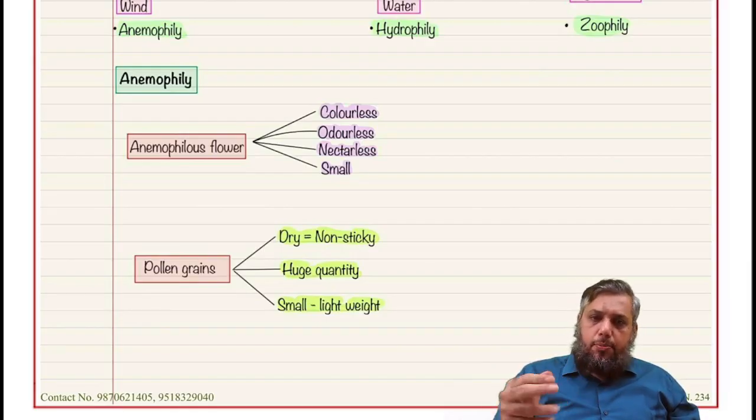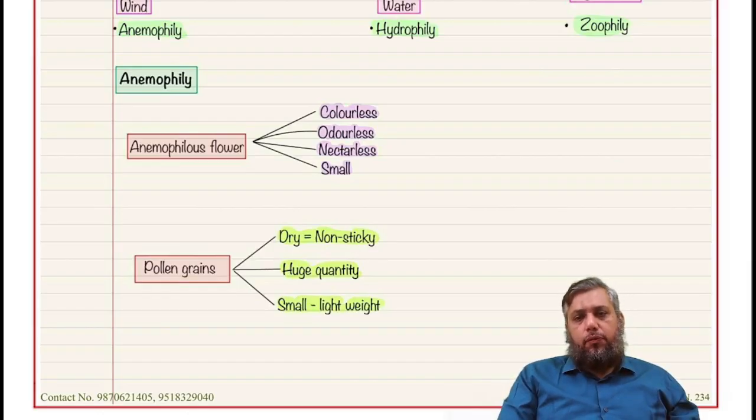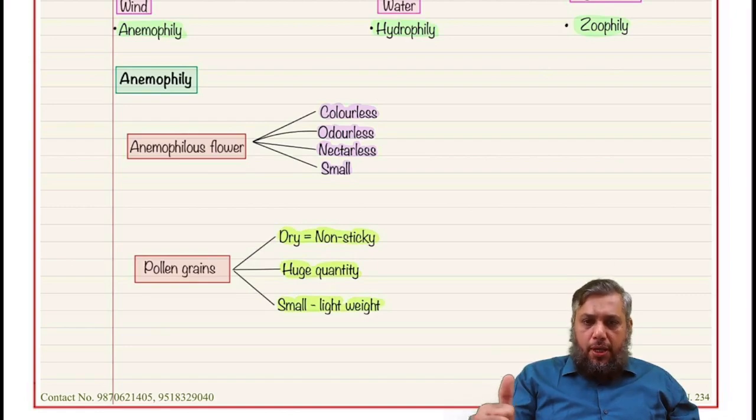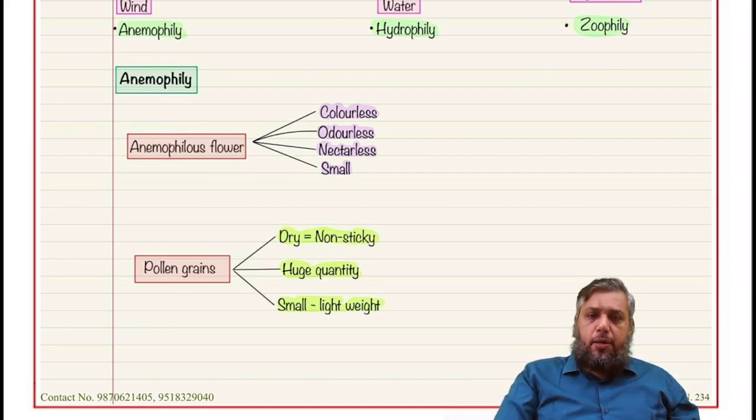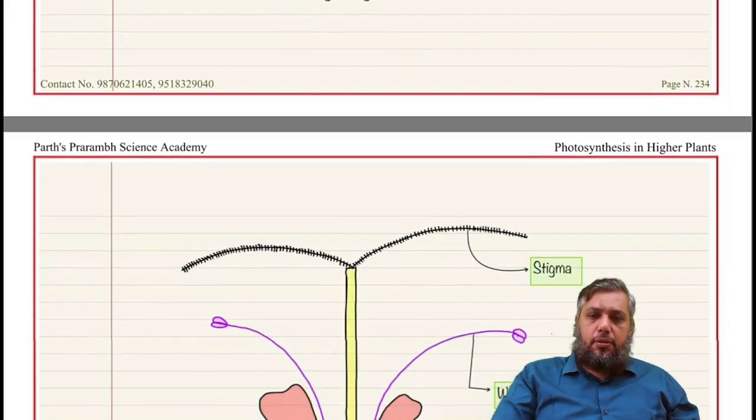So in order to increase the probability of pollination to occur successfully, the plant ensures it by producing a large number of pollen grains. And some other modification of the pollen grain is it is going to be dry and non-sticky, small and lightweight, so that it can be easily carried with the wind.